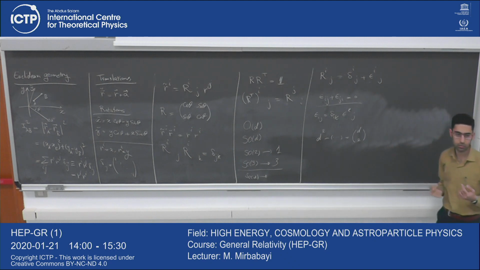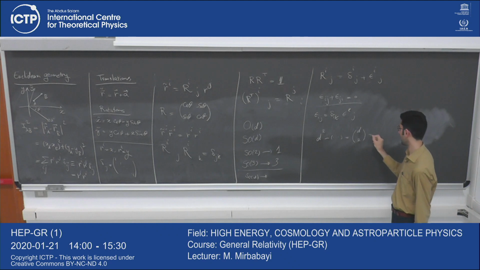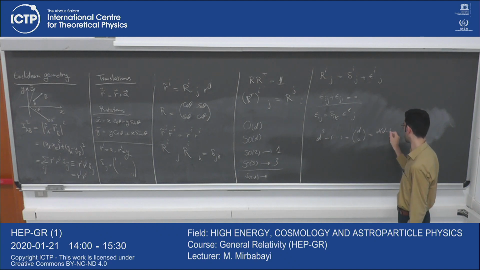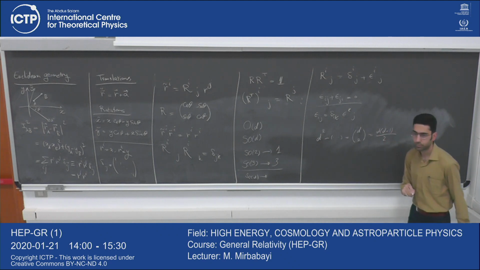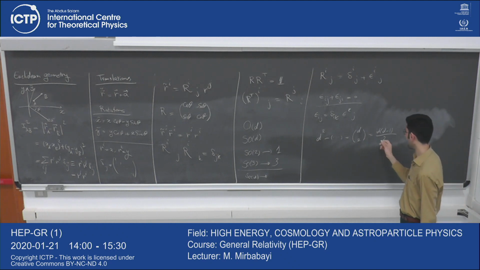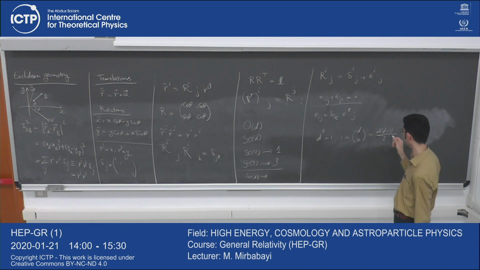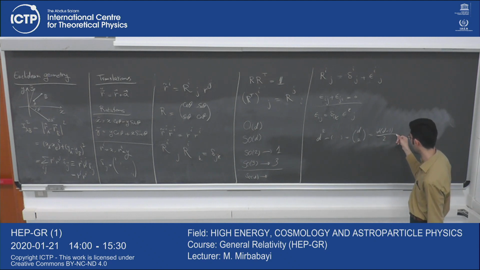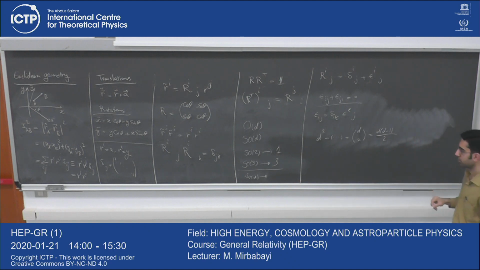Every choice of that would be an independent number, which is d times d minus 1 over 2. So we can check that in 2 and 3 dimensions it gives the right answer. In 2 dimensions we get 1, and in 3 dimensions we get 3.